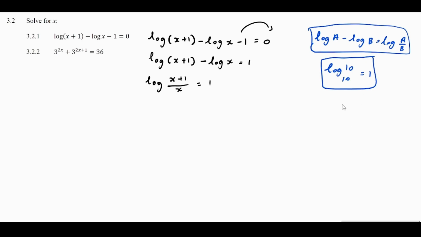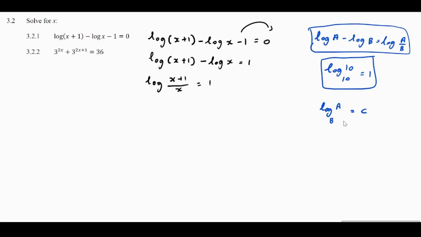Another thing we can do is change our equations from log form into exponential form. For example, if you are given log of a, base b, equal to c, this is in log form.